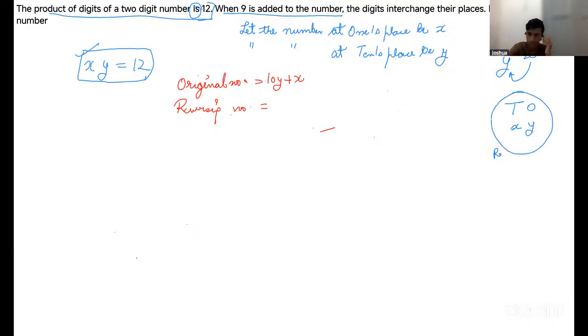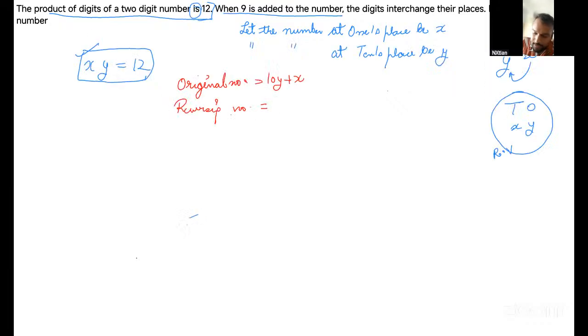Interchange or reversing number is the number in which the digits change their places. So y will now go to the ones place and x will go to the tens place. Understand? So will it be 10x plus y? Yes. Good.